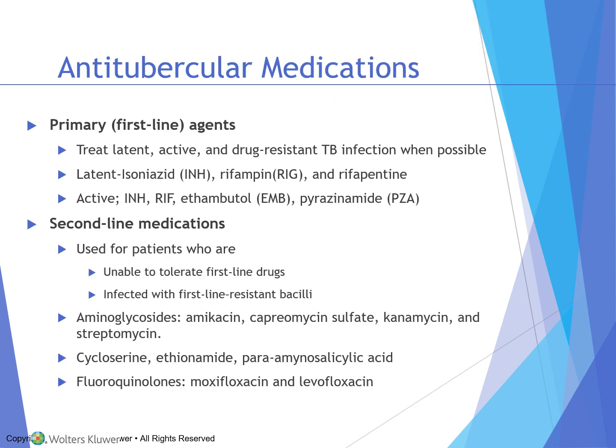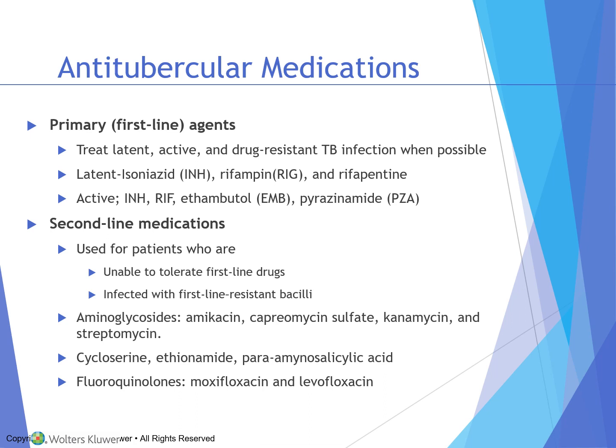Now, for the anti-tubercular medications, or the medications to treat tuberculosis, we have the first-line agents, or the primary agents, in order to treat latent, active, and drug-resistant TB when possible. For latent TB, remember, that's not the one that's active. It can be dormant for years.